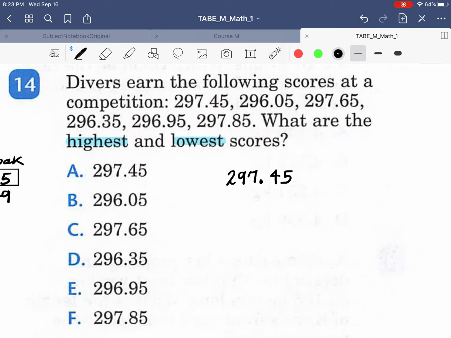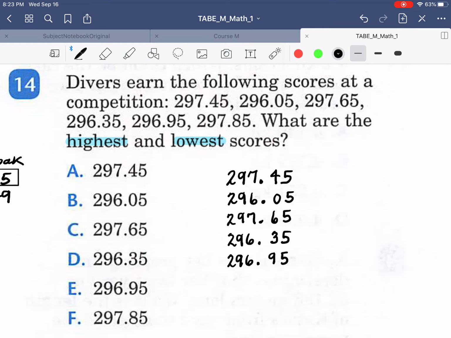There's 0.45, 296.05, 297.65, 296.35, 296.95, and 297.85. And let me be sure, 1, 2, 3, 4, 5, 6, that I got all the divers. Make sure you got all the scores.